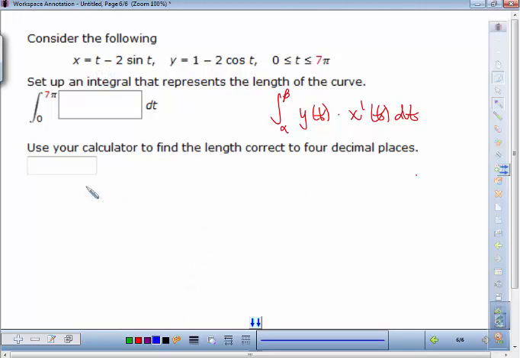So let's find dx dt, or x prime of t. And that is going to be 1 minus 2, derivative of sine is cosine t. And then our y is equal to this. And so we have our integral from 0 to 7 pi as the integral of 1.